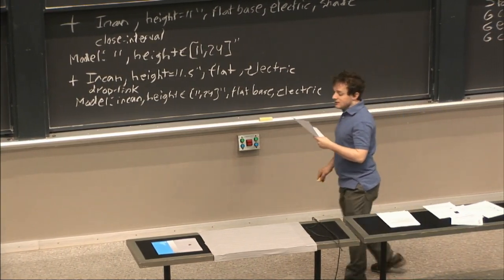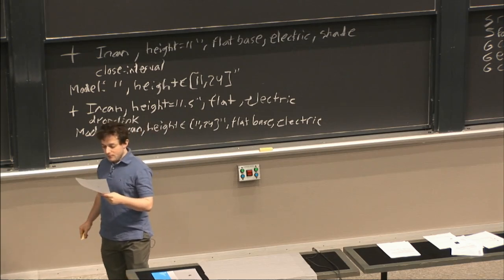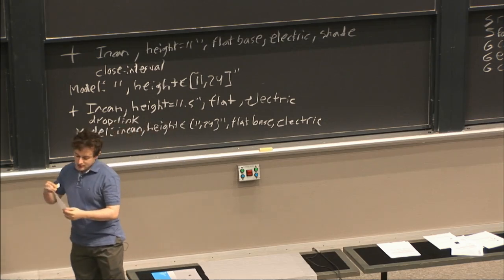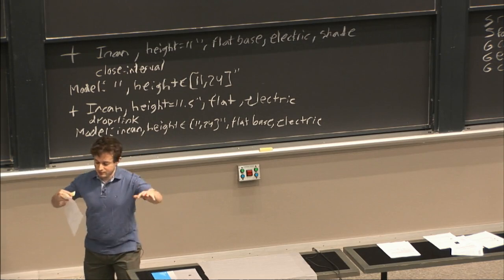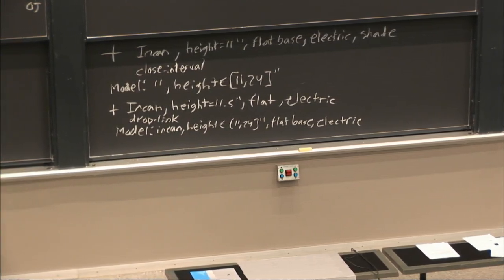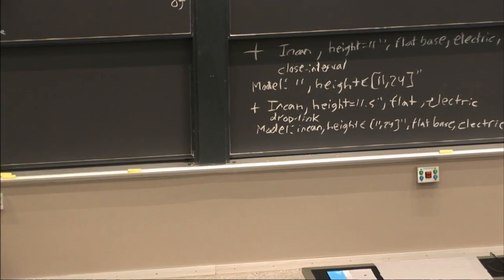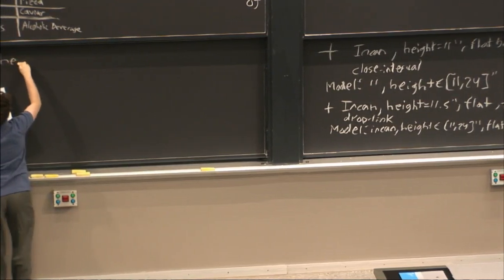So the next example is basically another one of these stand lamps. It's got a light shining down, which is fluorescent. It looks like this. It's fluorescent. Height equals 13 inches.